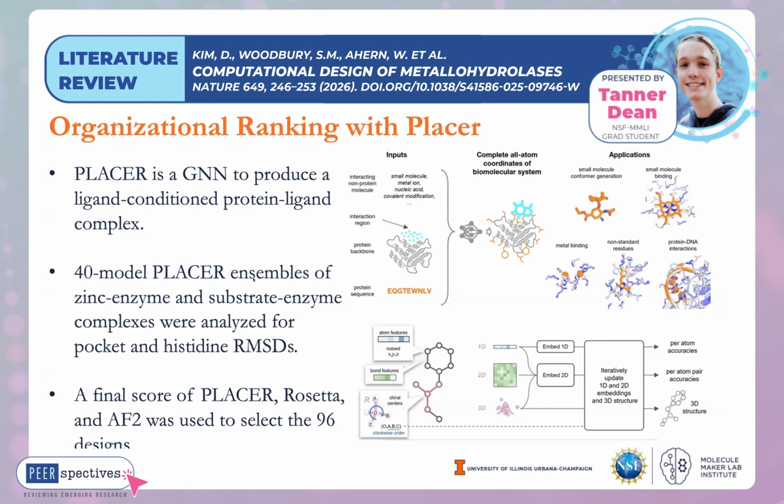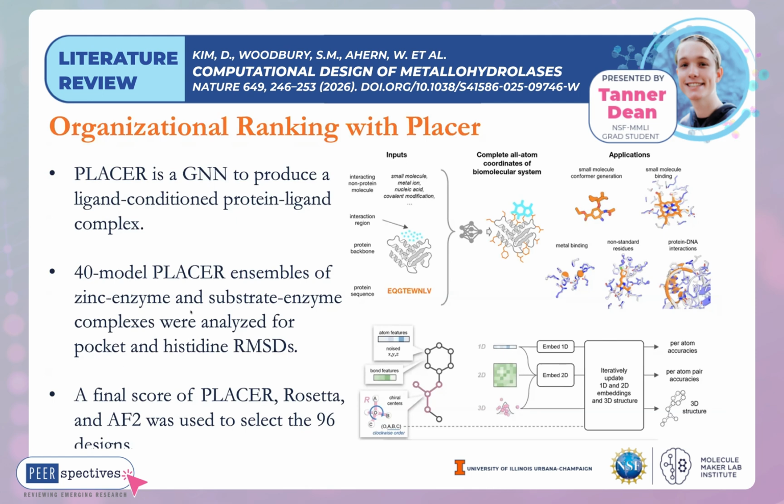And so what they were specifically looking for by doing this is they want to ensure that the enzyme has a very rigid catalytic geometry. So if you have essentially 40 models from Placer of the sequence, and the geometry of the imidazoles or the catalytic scaffold changes a lot over these 40 models, then it's most likely not a functioning enzyme.